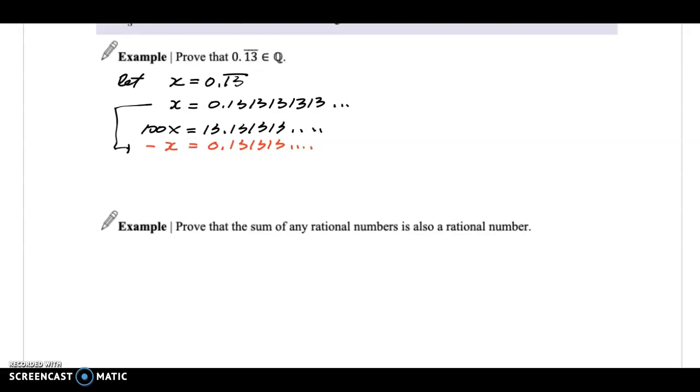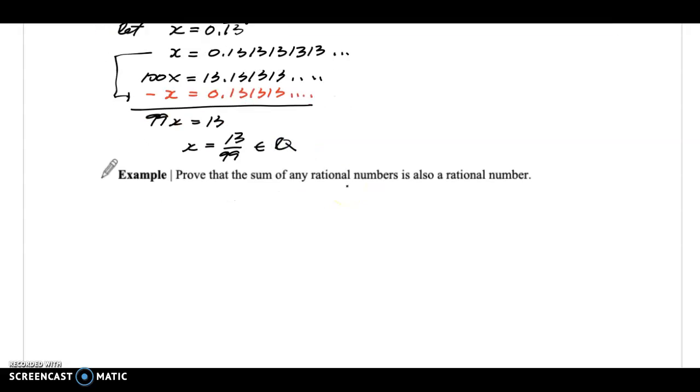If I do that, I'm left with 99x on one side and 13 on the other, and therefore x is 13 over 99. And I have a perfect fraction, which belongs to my rationals. And that's how that works.